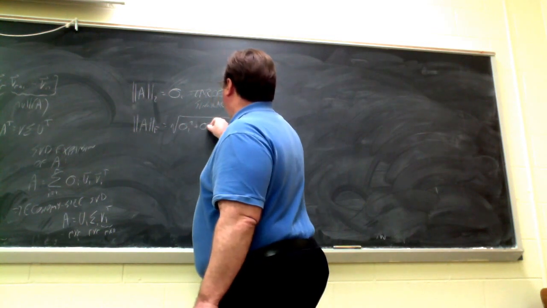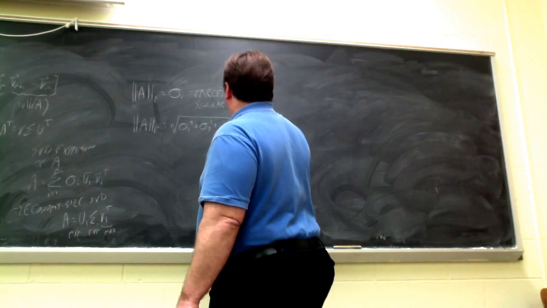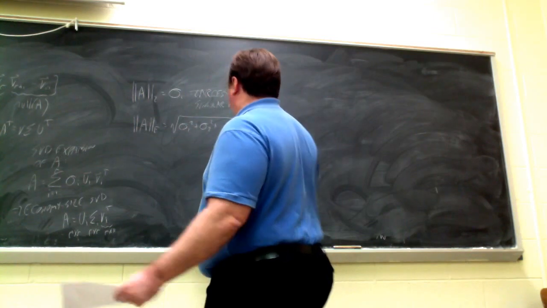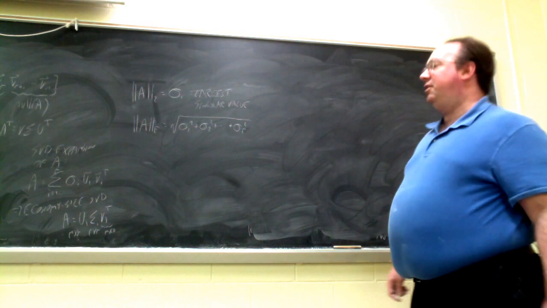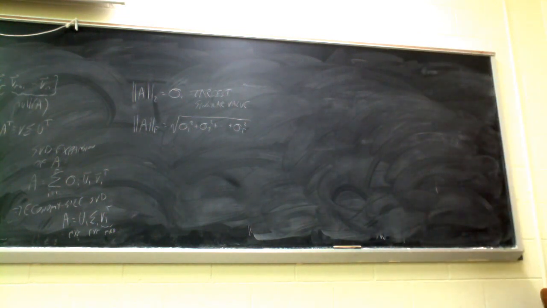I'll just list the largest r singular values, because those are the only ones that are non-zero anyway. So that's how you can see, I gave this relationship before, that the Frobenius norm is always greater than or equal to the 2 norm, and now you see why.